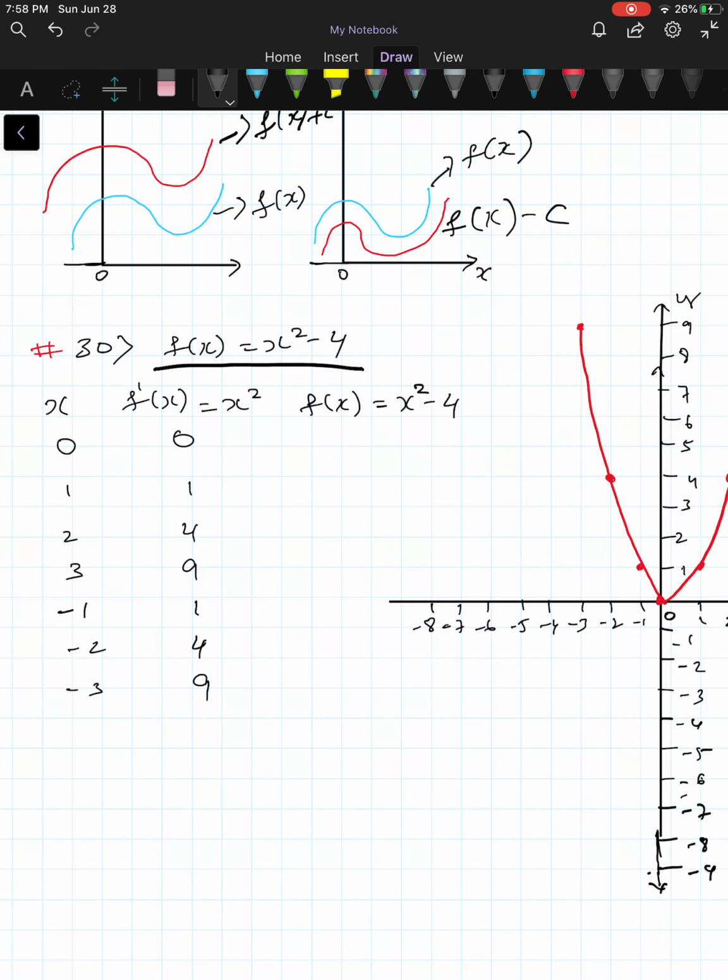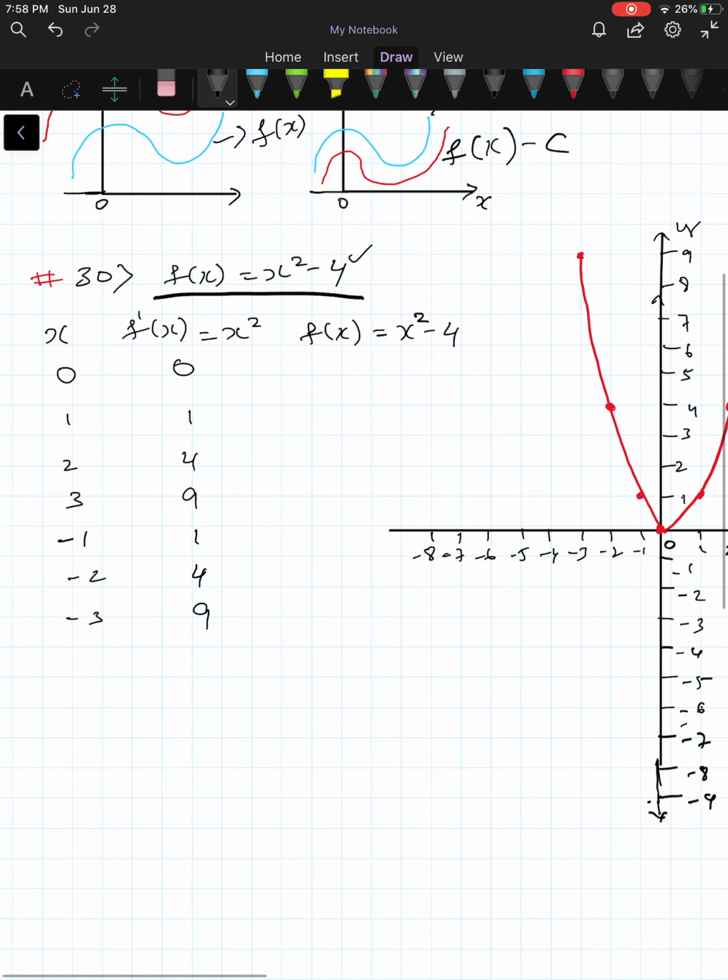The given function is f of x is equal to x squared minus 4. You have to choose the original function for which you can treat the given function as a shift. I will choose the original function to be x squared, and I will name it f prime of x, so f prime of x is equal to x squared.